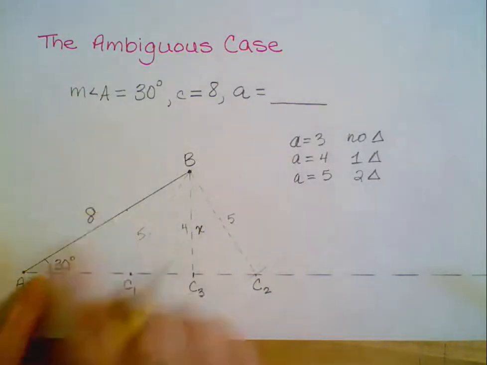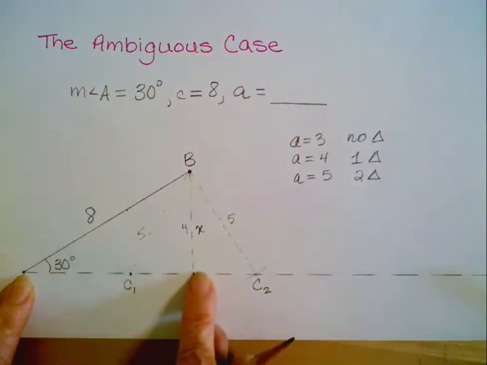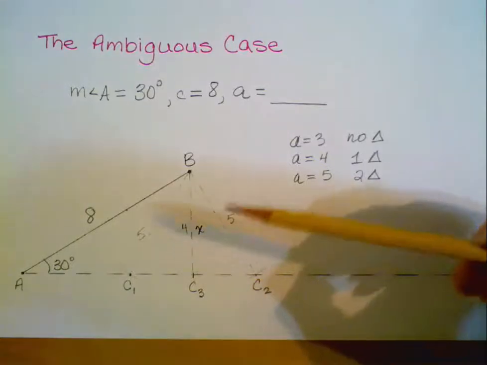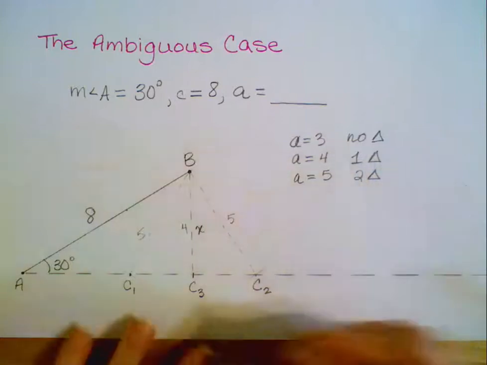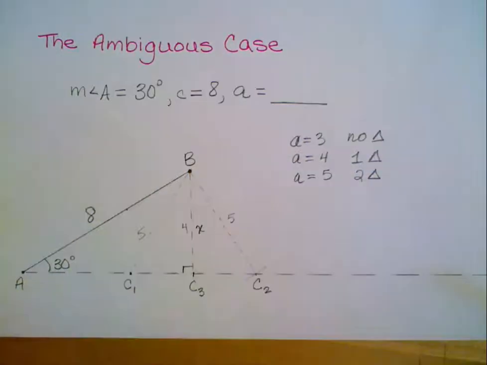And we know that this 8 in that triangle represents the side opposite this angle. The distance from a point to a line, the shortest distance possible, is the length of a segment that is perpendicular to the line, which means this triangle ABC3 is a right triangle.